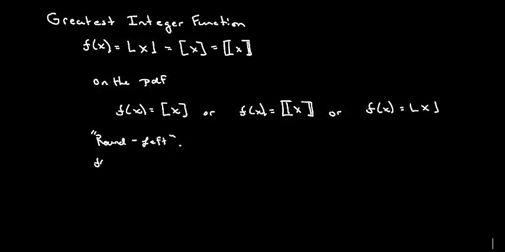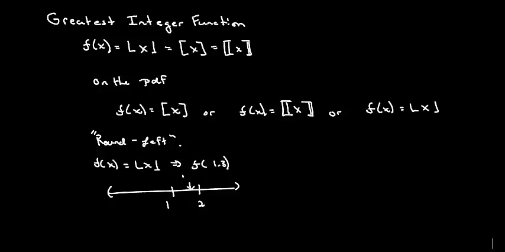So for example, if I have f of x is equal to the greatest integer function, and I ask you what f of 1.3 is, what you do is you take a look at a number line. Here's 1, here's 2. You find 1.3 on it, and you go left to the nearest integer.